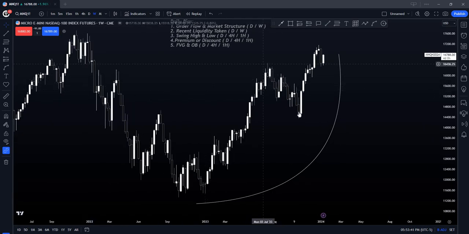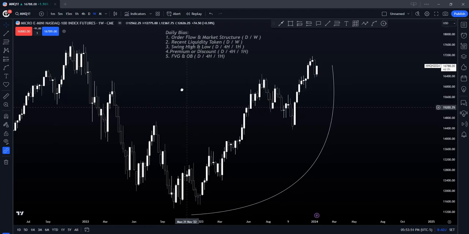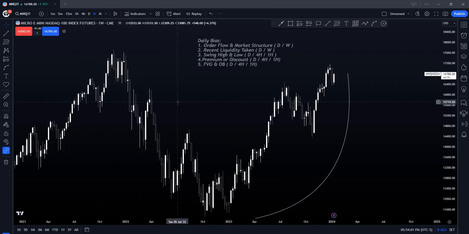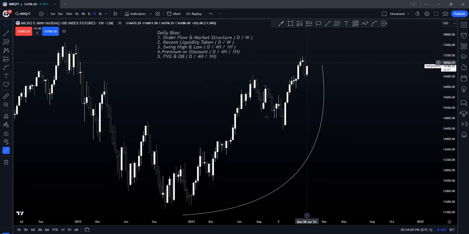And then coming back down, you see how we react here as well, off of this breaker. So we want to look at the opposite candlesticks, okay? In an uptrend with the bullish candles, we want to see the reactions off of the opposite candlesticks. So order flow, we're in an uptrend.